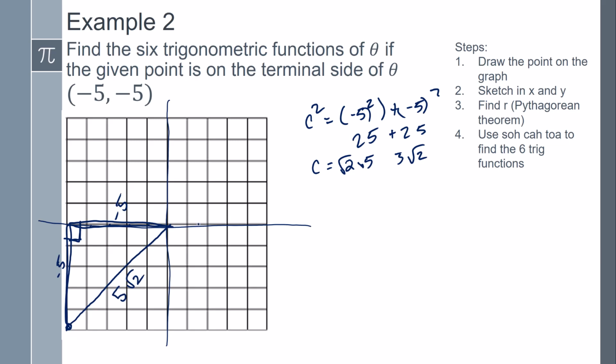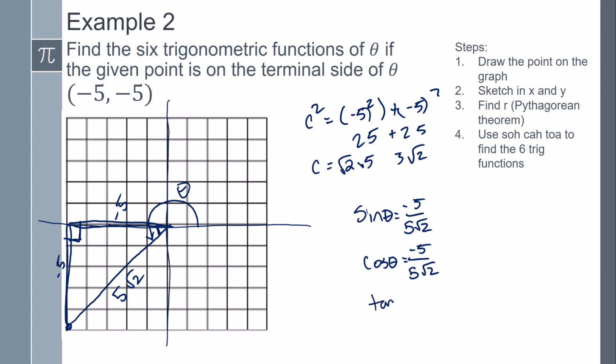Now, even though that's my rotation theta, this is the reference angle. So that's the reference angle we're talking about. My sine of theta equals opposite over hypotenuse. Cosine of theta equals adjacent over hypotenuse.